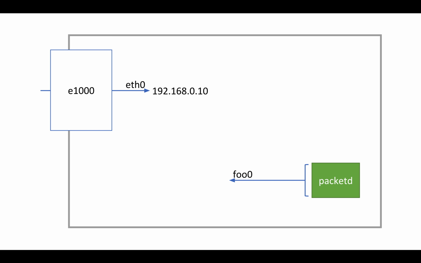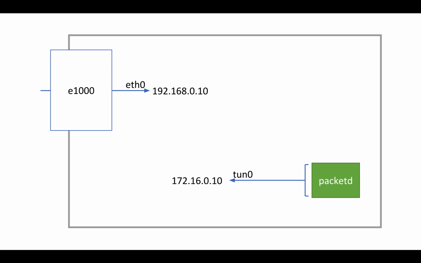So we're calling this thing for now packet D, the packet daemon. It's a long-running piece of software that acts like an actual network card would. So it can say, hey, I've got a new packet, just like the E1000 does when voltages actually twiddle on the wire, but packet D can make that up. And equally, it can be sent packets through foo0 and it can do whatever it chooses with them.